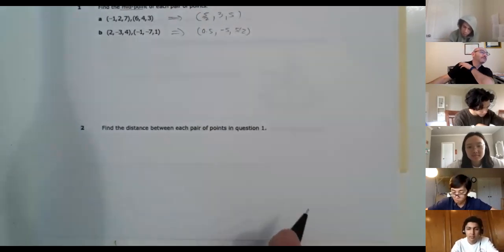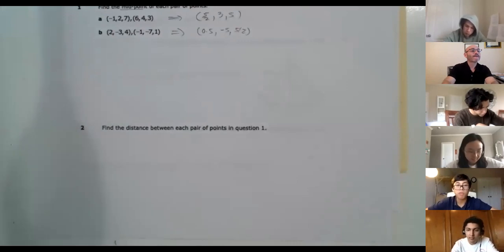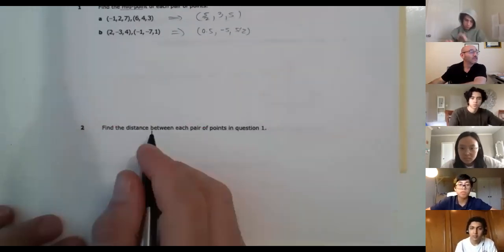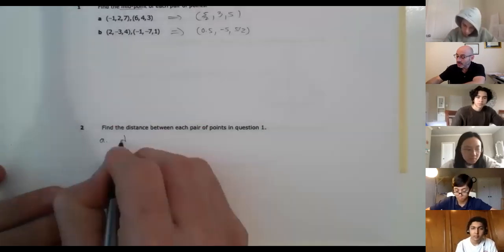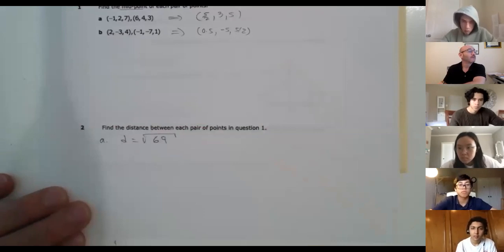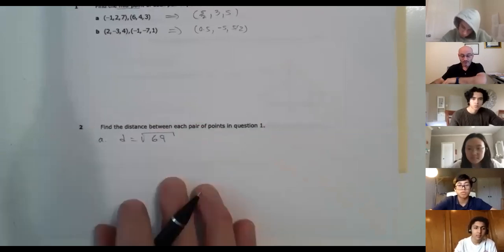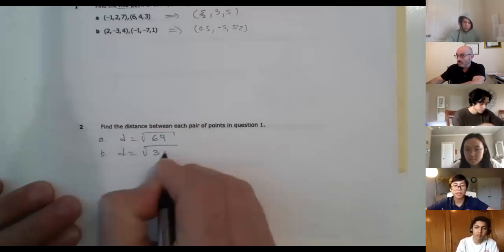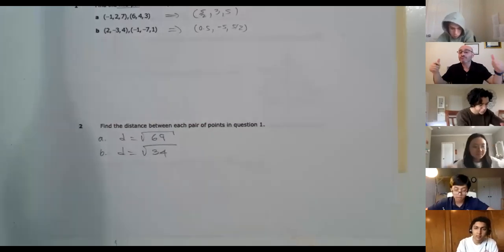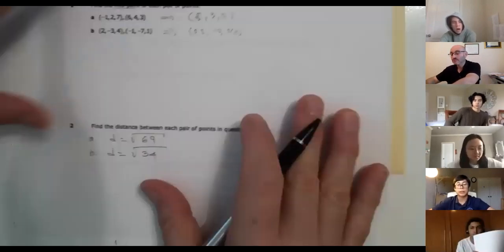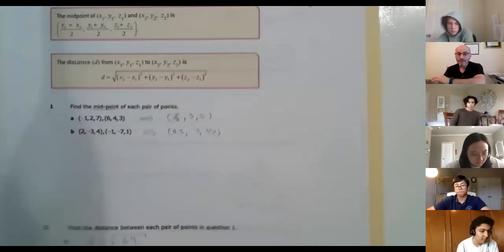Go ahead and put that on the chat, everybody. Find the distance between both of them. So A, the distance should be the square root of 69. What about the next one? The distance should be the square root of 34. So you got those two, that's all, right? It's just an extension from two dimensions to three dimensions, okay? Nothing really out of the ordinary there.